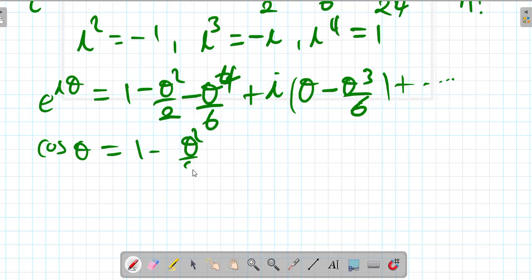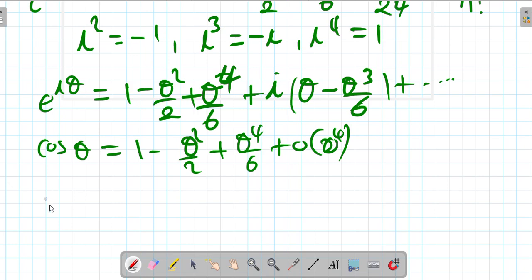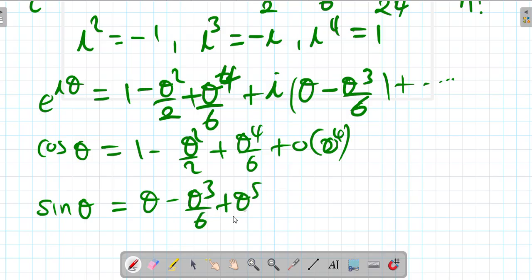Now we know that the Taylor series expansion of cos theta is equal to 1 minus theta squared over 2 plus theta to the power 4 over 24 plus O of theta to the power 6. And we also know that the Taylor expansion of sin theta is equal to theta minus theta cubed over 6 plus theta to the power 5 over 5 factorial and so on.